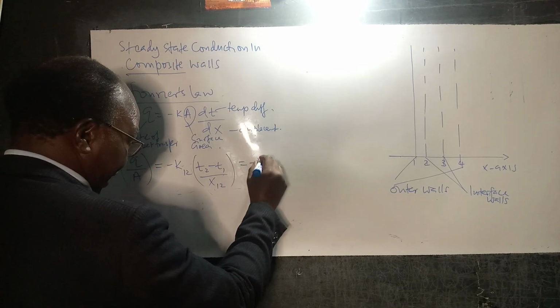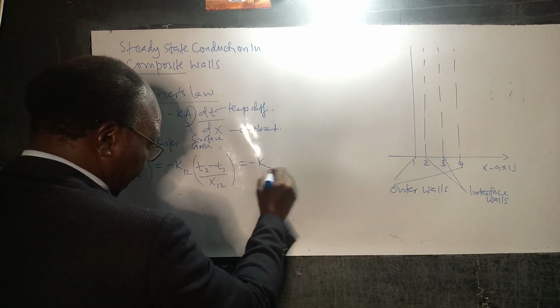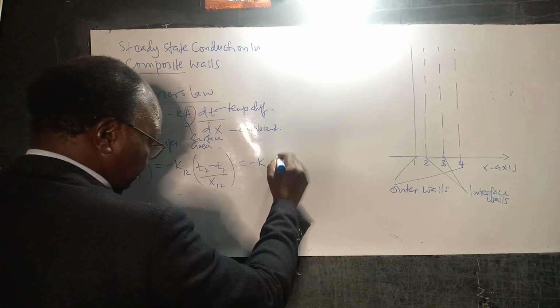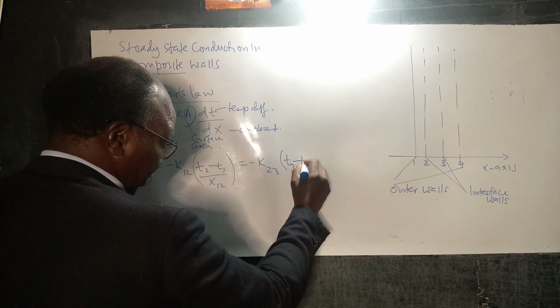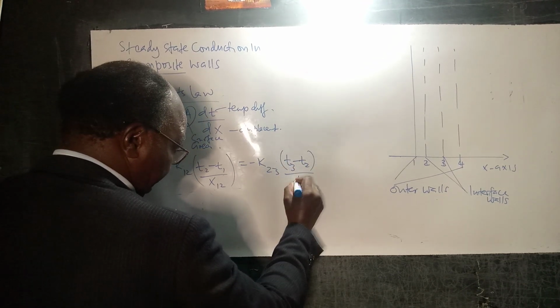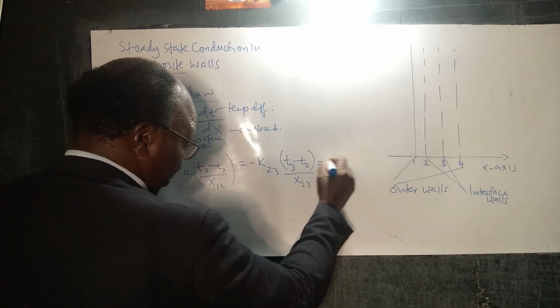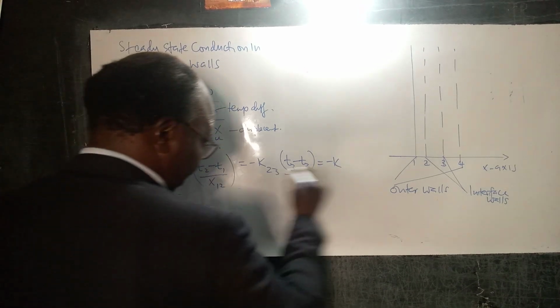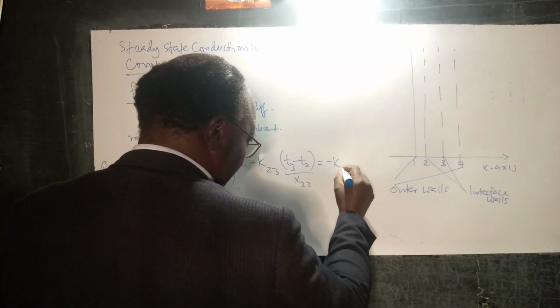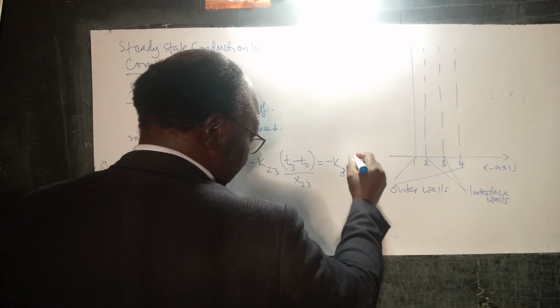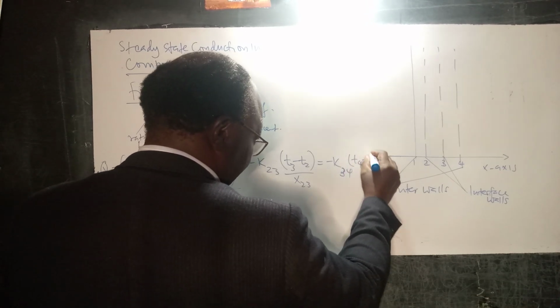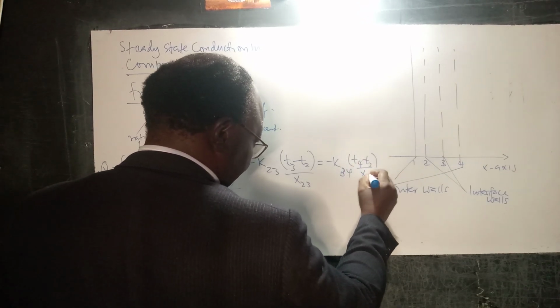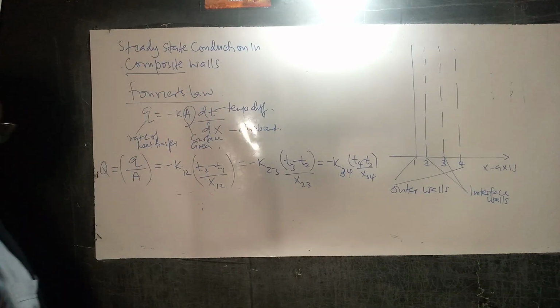That must be equal to minus K23 into T3 minus T2 over X23. That must be equal to minus K34 into T4 minus T3 over X34.